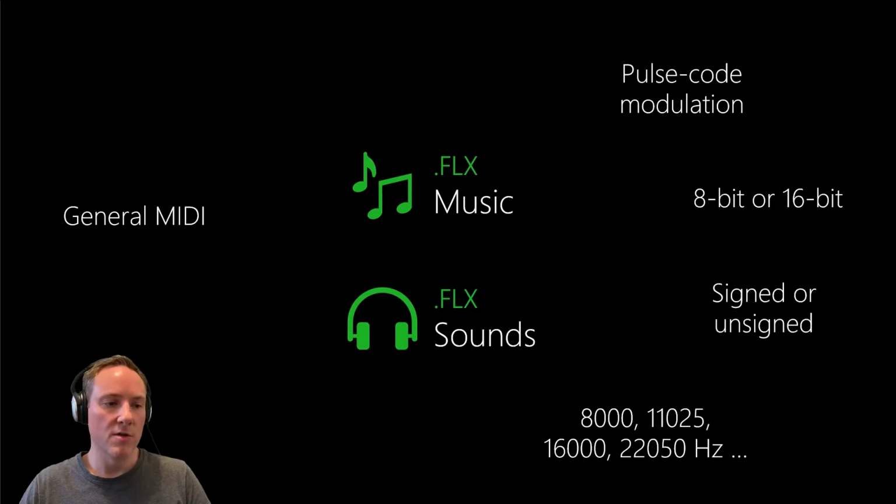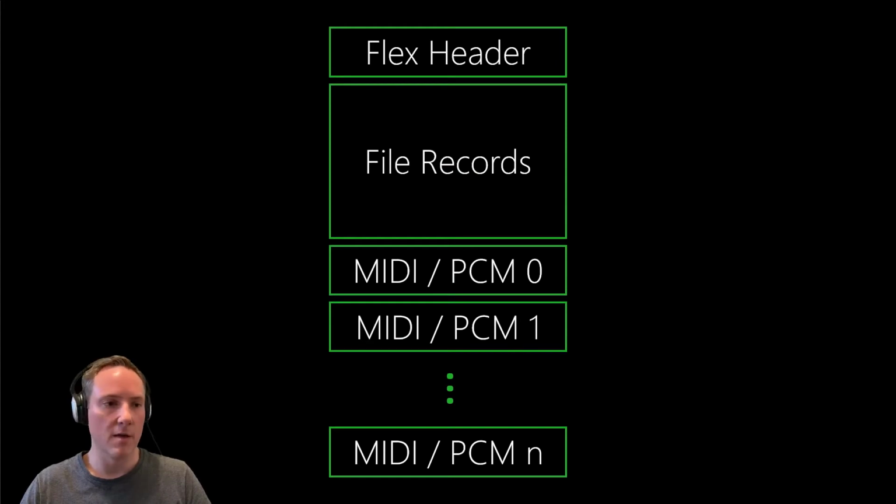So values in PCM are typically 8 or 16-bit, and they can be signed or unsigned. And there are a range of common sampling frequencies. So this information will prove useful in reversing the format.